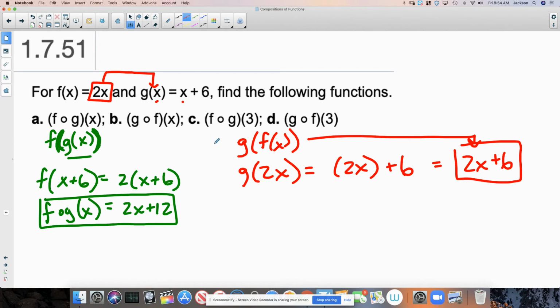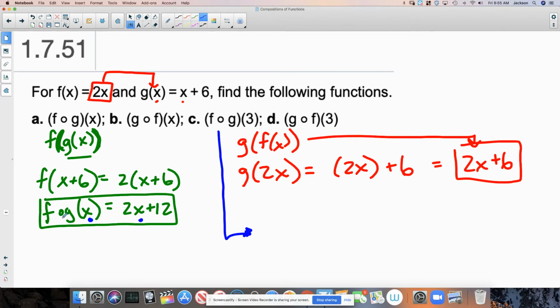Now, how do we use compositions to do evaluations? There are two ways to think of this. One way is, I already know what the function f of g of x looks like. It looks like this. Since I've already done the composition and simplified it, whatever number goes here goes here.